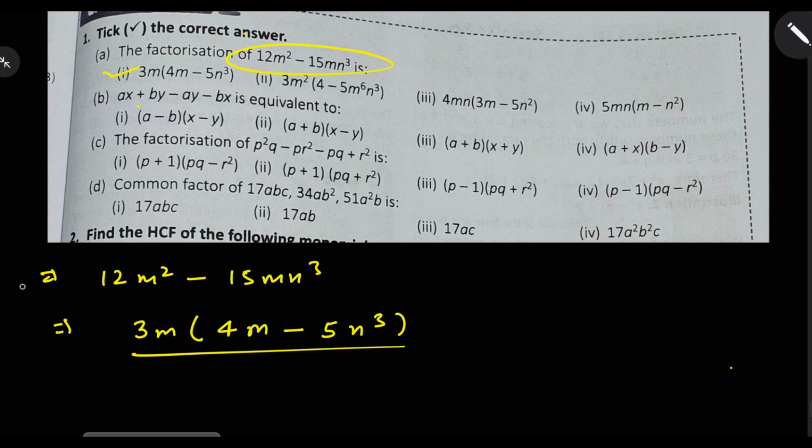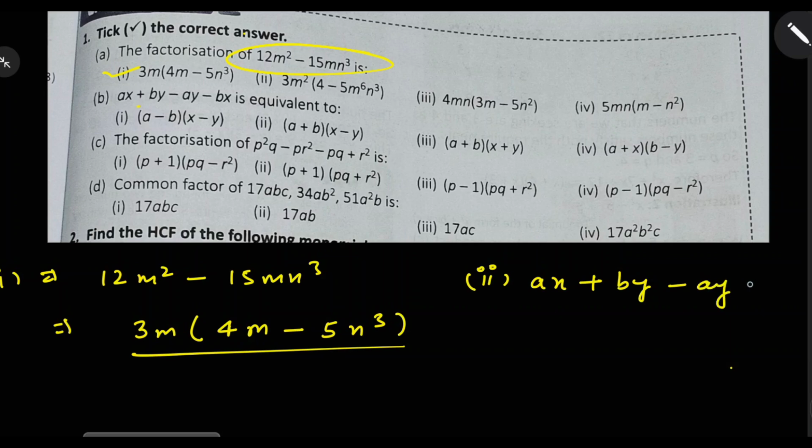Now let's move to the second question. As you can see, ax plus by minus ay minus bx is equivalent to what? We have to factorize it.